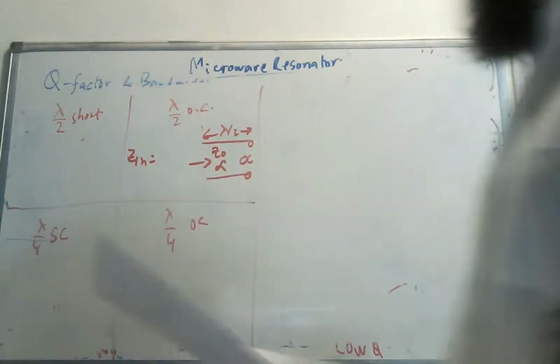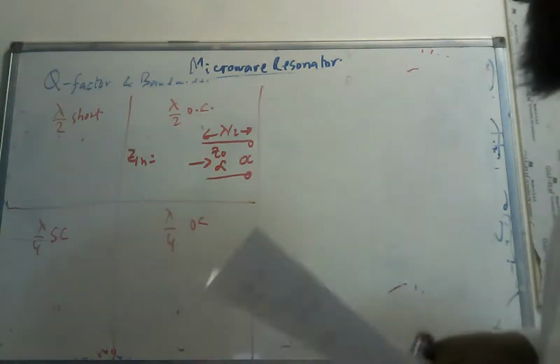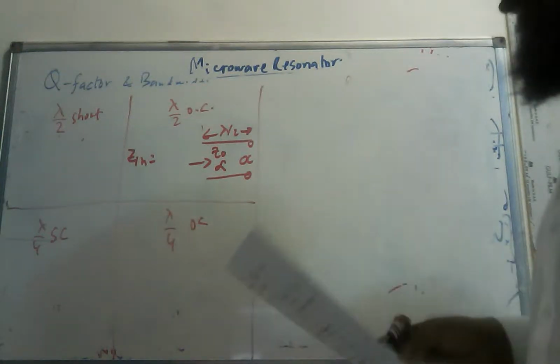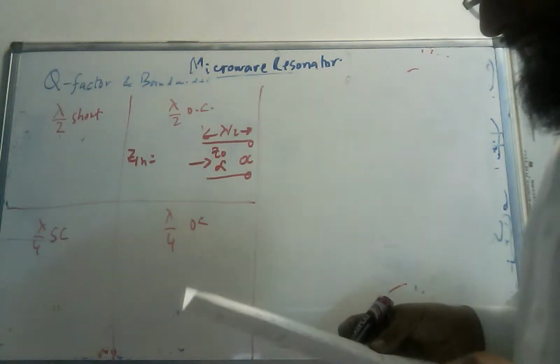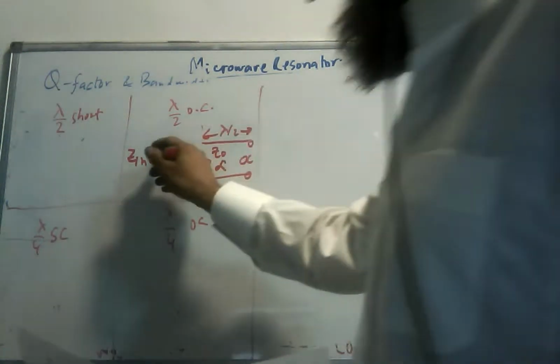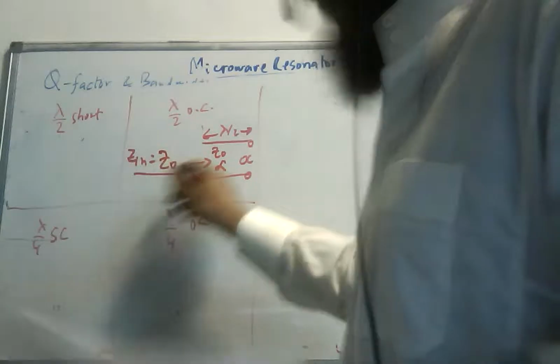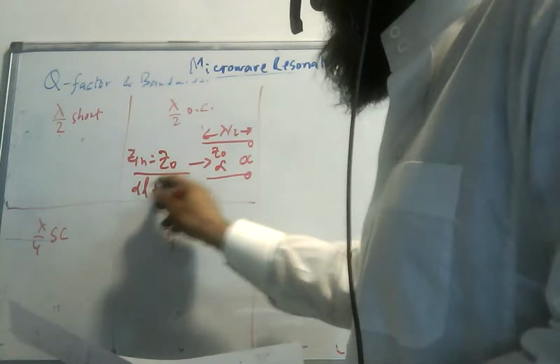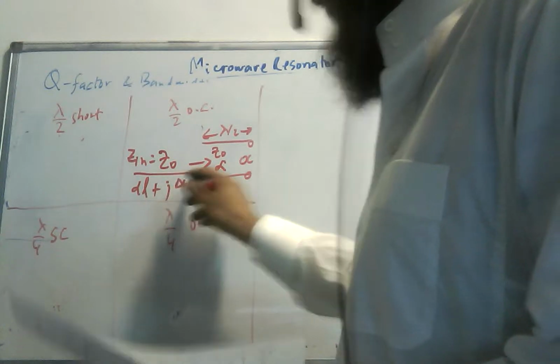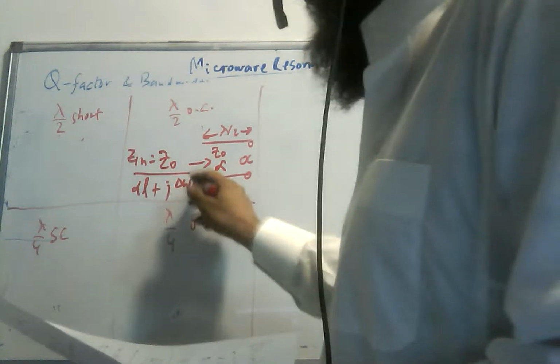This is the attenuation which we ignored after the first lecture. But in the resonator we need that because we need the resistance. So this input impedance is given by Z0 divided by alpha L, which is the length of the transmission line, plus j delta omega pi divided by omega naught.